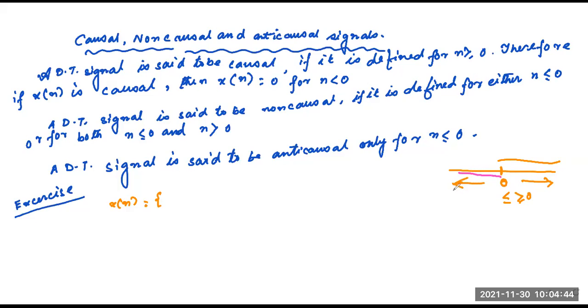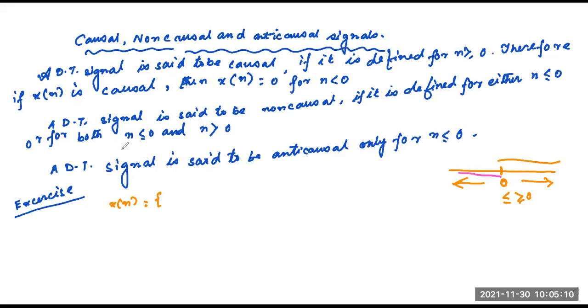Also, anti-causal signals exist only for n lesser than or equal to 0, but non-causal signals can exist for both n lesser than or equal to 0 and n greater than 0. Okay.